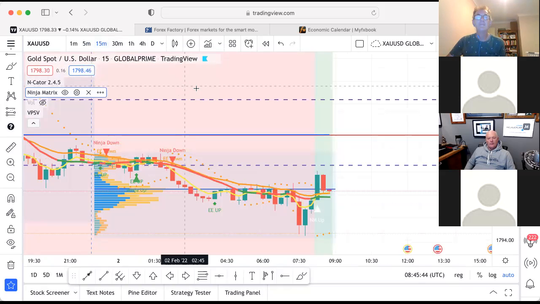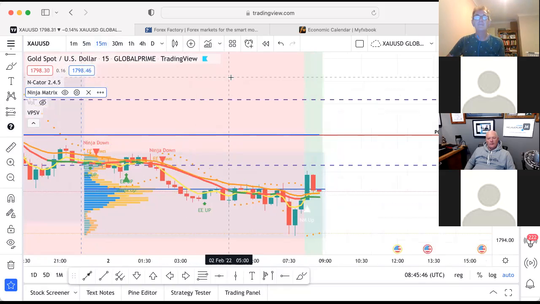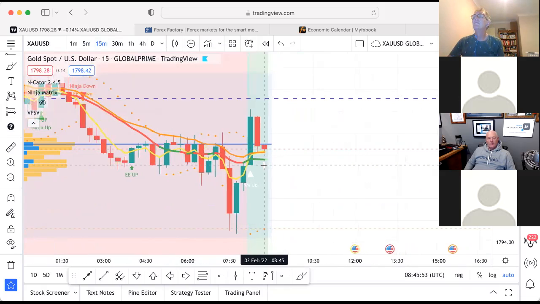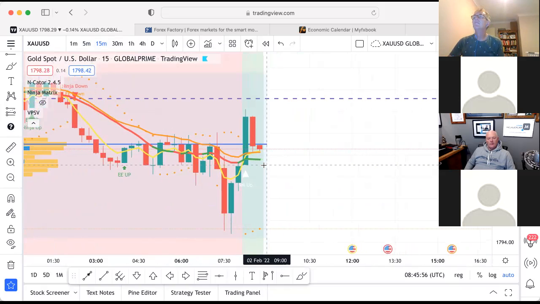So where are we now time-wise? Right, we've got a new candle. So on the 15-minute, we've still got the 5 MA. It's not only above the 13 MA, but it's also trying very hard to get above the 20 MA.